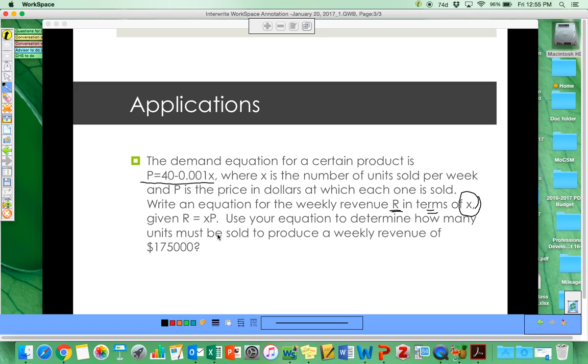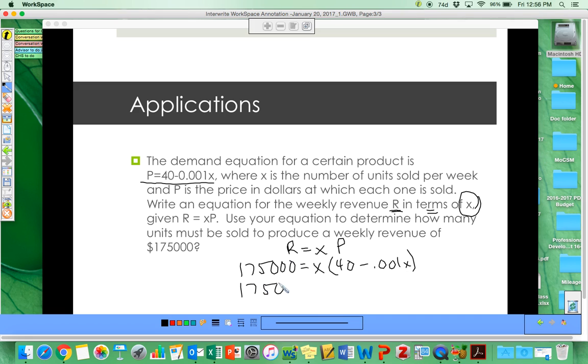All right, so if R equals X times P, my revenue is supposed to be 175,000. X times P, well, they've told me P up here is 40 minus 0.001x. And so now I have an equation that I could solve for x.